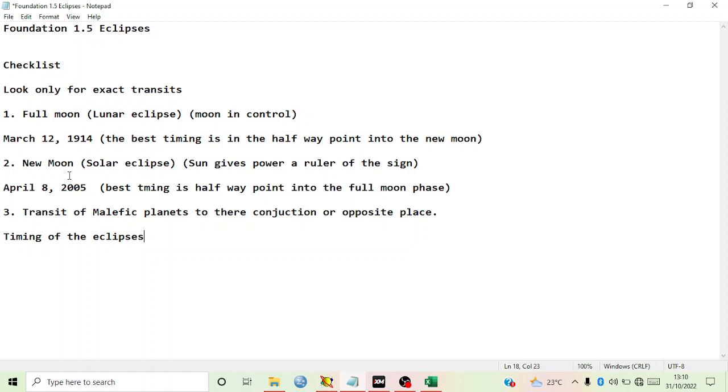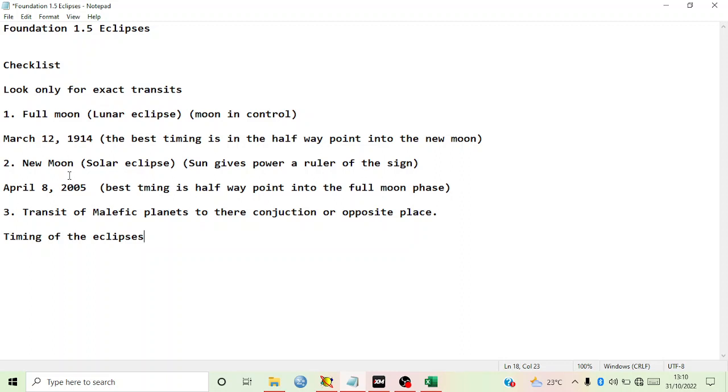So having said that, this concludes everything that we need to know about eclipses and how they affect the market. However, what you need to do is also perhaps read more about the timings, because there are so many ways. Ptolemy and many others have suggested different ways of timing the effect of the eclipses.